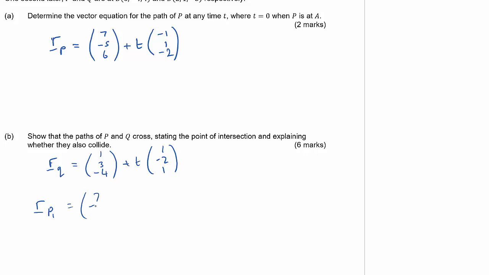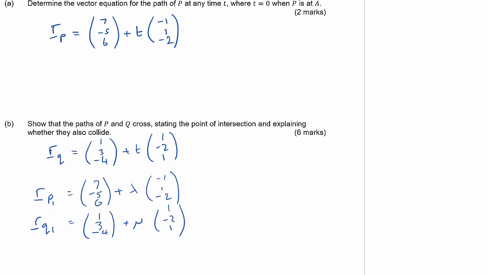Let's go 7, -5, 6 plus lambda -1, 1, -2. So this represents the actual path, not where it is at any particular time. And let's say RQ1 is 1, 3, -4 plus mu 1, -2, 1.